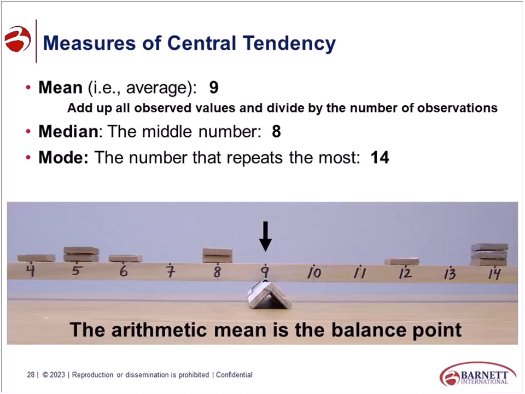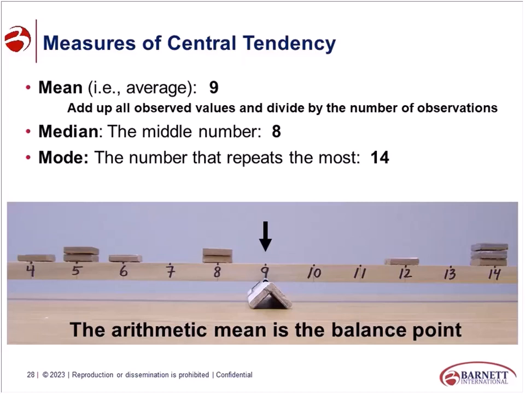If you put another tile here, if you shift the tiles over, the mean will also change because it rebalances. Yes, mathematically, it's still adding up the numbers divided by the sample size, but the key feature of the mean is that the balancing beam always balances on the mean, and that's the center of gravity.